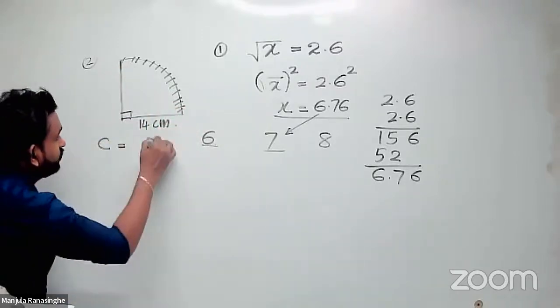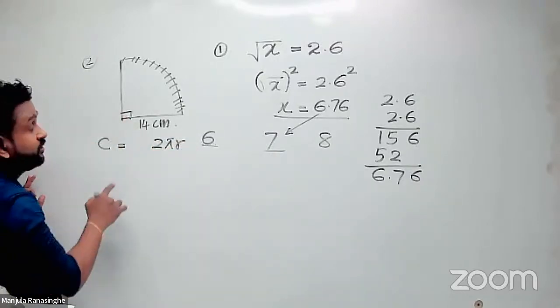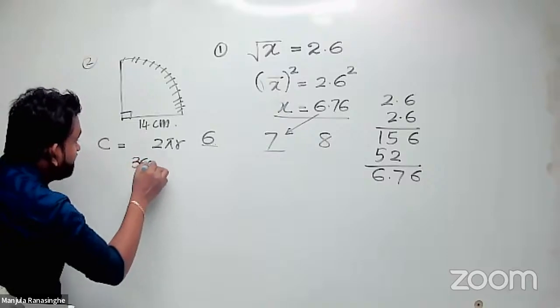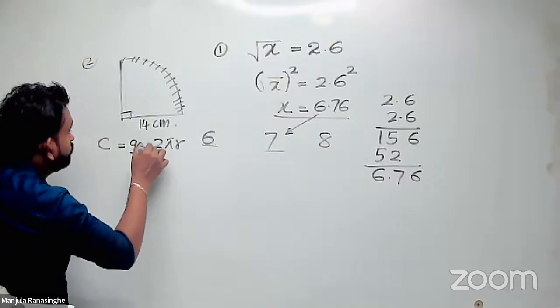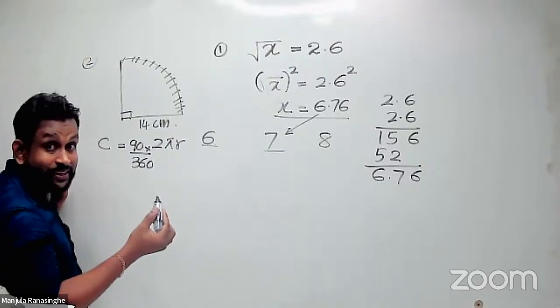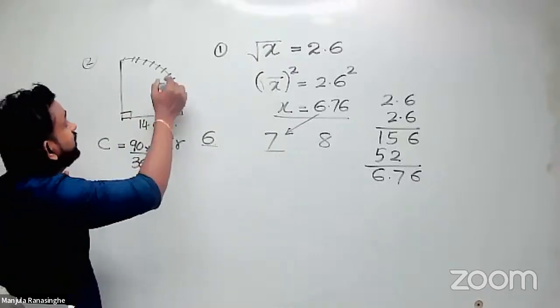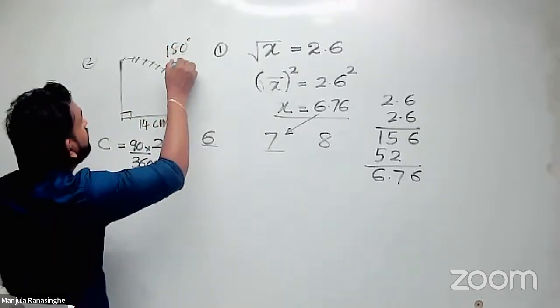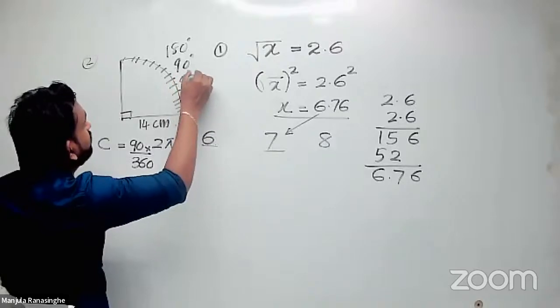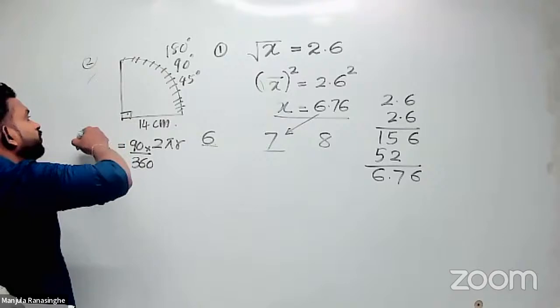For a circle, we have the general formula 2πr, but this is 90 degrees, so you can put 90 upon 360 into 2πr. As I explained in the first paper, a sector will be given with 180 degrees, 90 degrees or 45 degrees. So remember the formula: 90 degrees means one quarter of the full circle.